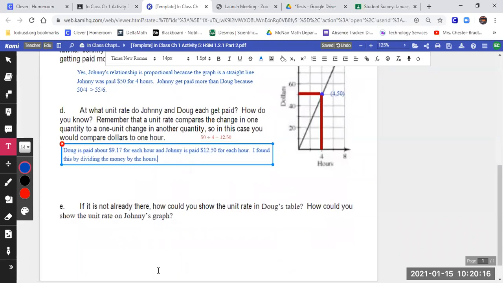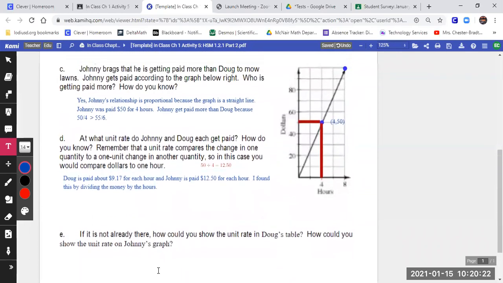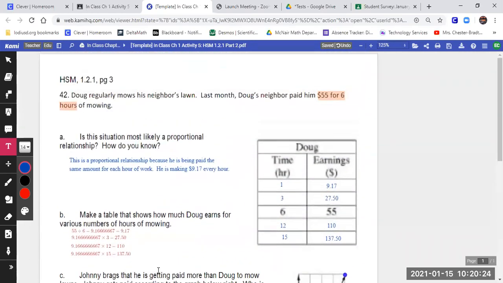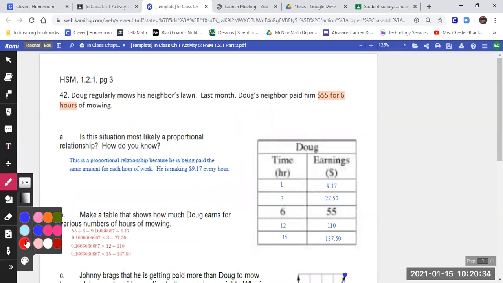If it is not already there, could you show the unit rate in Doug's table? So we're going to zoom back up to Doug's table. Do we have our unit rate there? Did we find out how much it was for 1 hour for Doug? Because unit rate is how much for one, right?